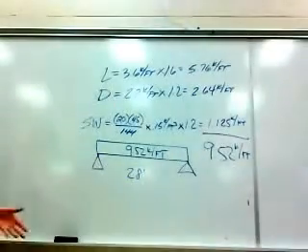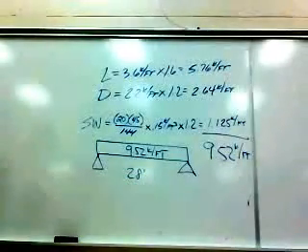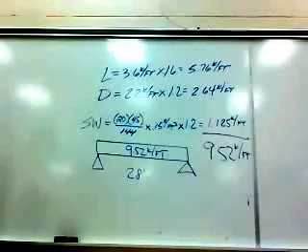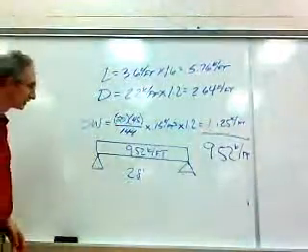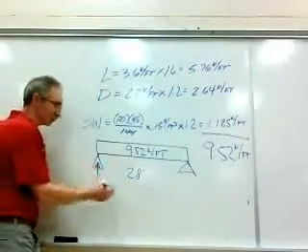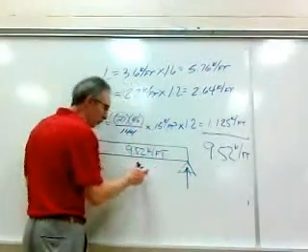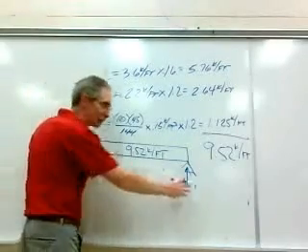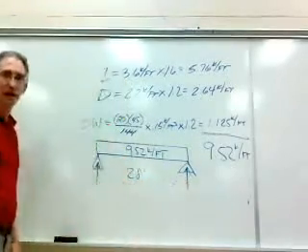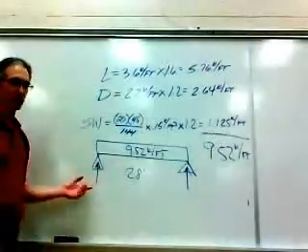And that's a pretty easy free body diagram, pretty easy problem of reactions. The total load is just split to the left, to the right, half and half. What's the reaction?